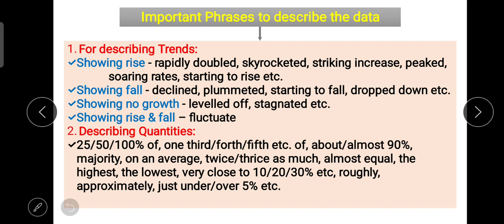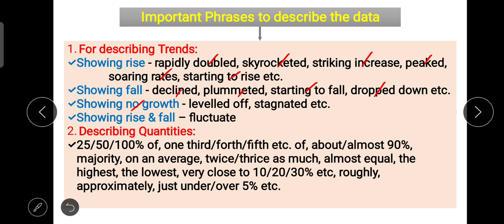So we can use words like rapidly doubled, skyrocketed, striking increase, peaked, soaring rates, starting to rise, etc. If the given data shows a downward trend, we can say declined, plummeted, starting to fall, dropped down, and so on and so forth.